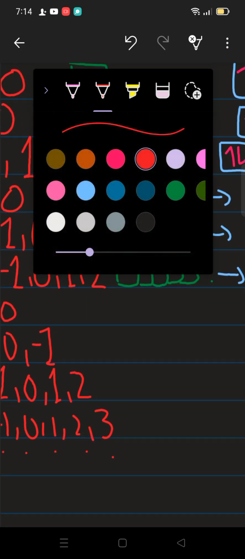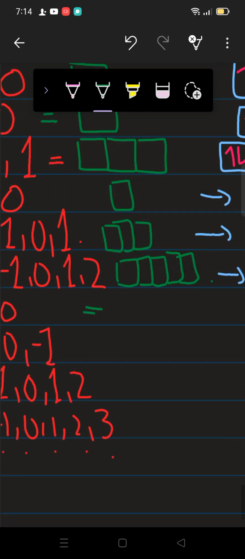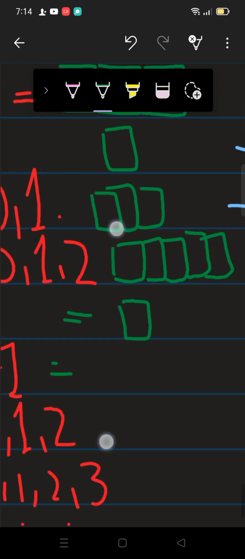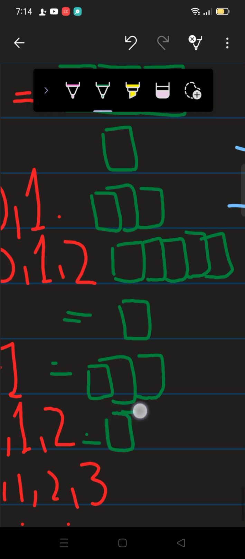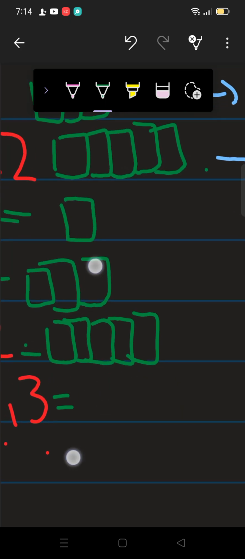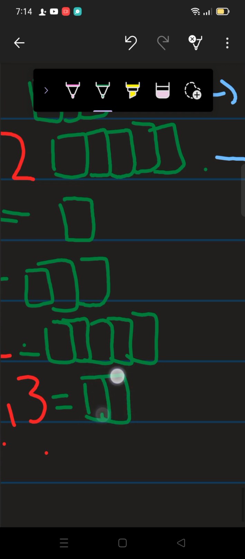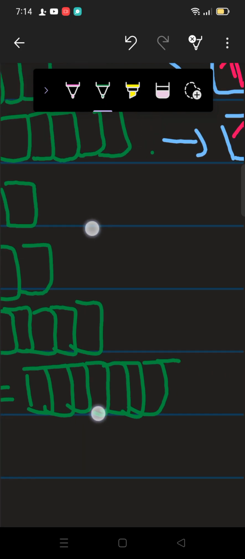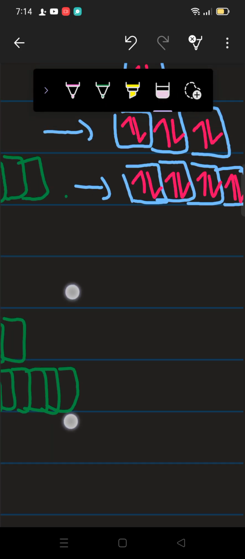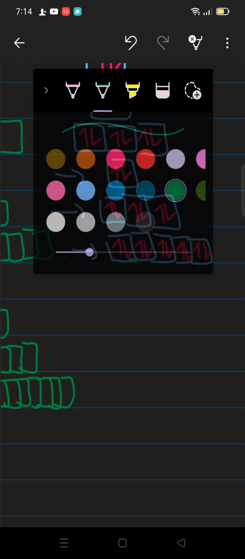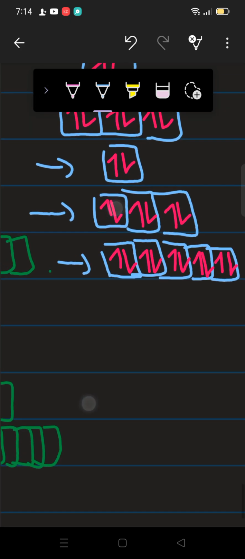Now have you guys seen why we have 7 in F? So 1 orbital in S, 3 orbitals in P, 5 orbitals in D, and 7 orbitals in F. Now let's make the electrons spinning in this.